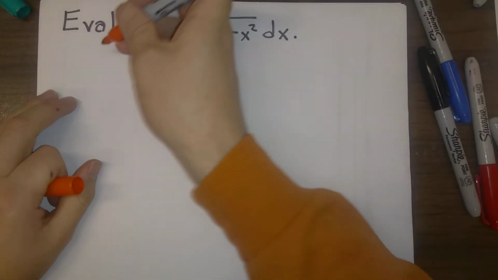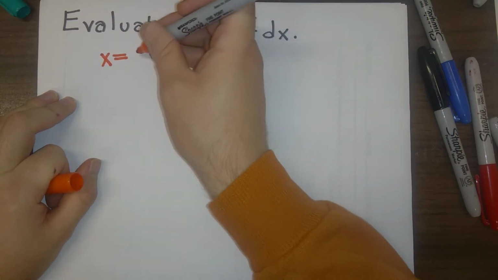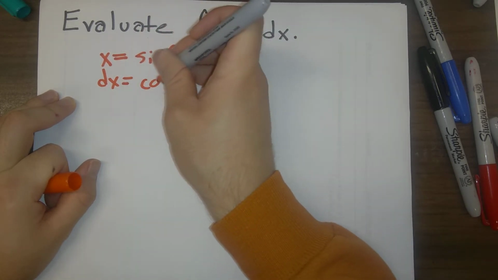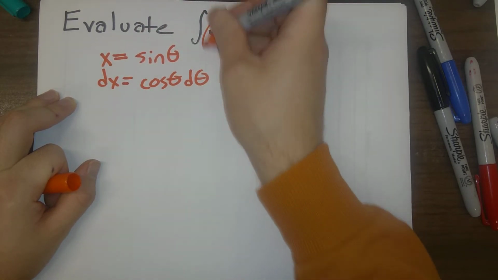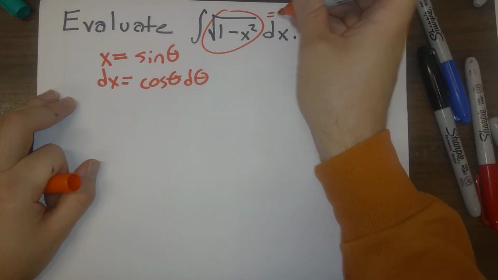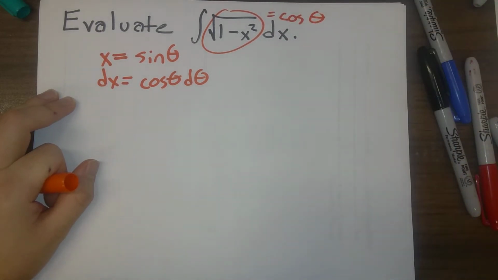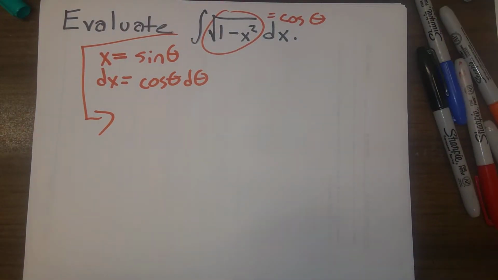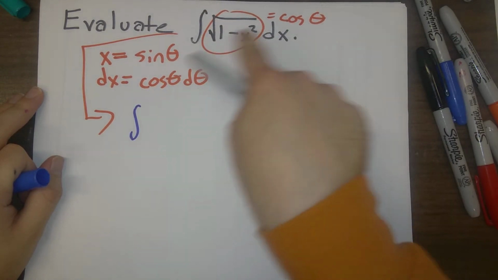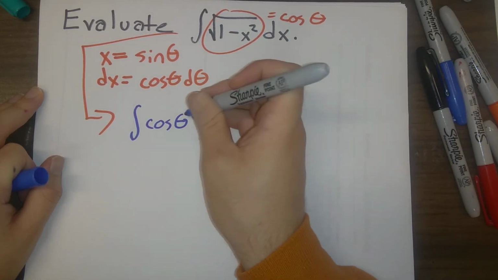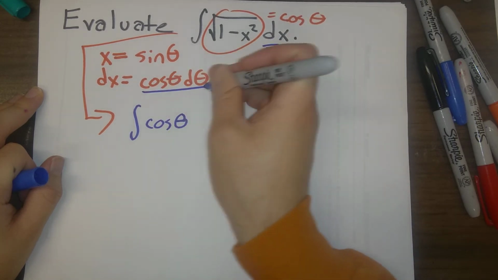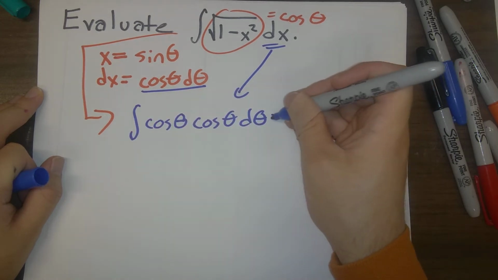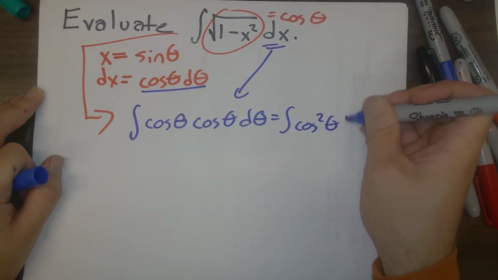That is x is equal to sine theta, dx is equal to cosine theta d theta, and the square root of 1 minus x squared will equal cosine theta after substitution. And so what do we end up with? We end up with the integral of cosine theta, and then dx becomes cosine theta d theta. So now we have to integrate cosine squared theta d theta.